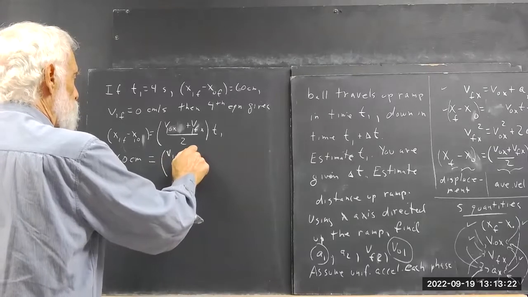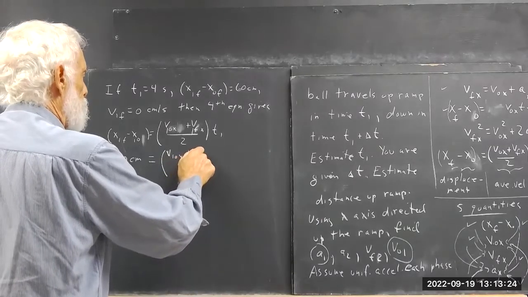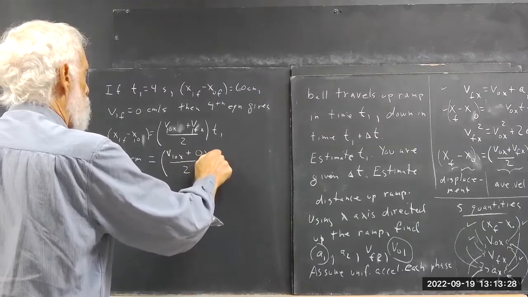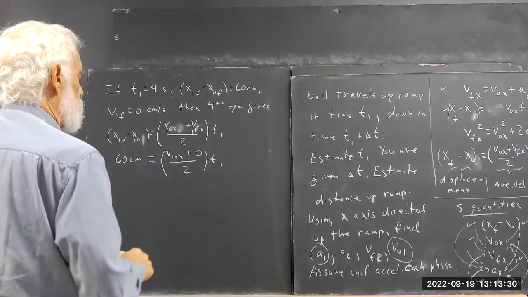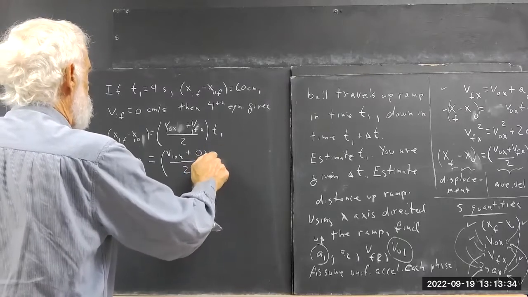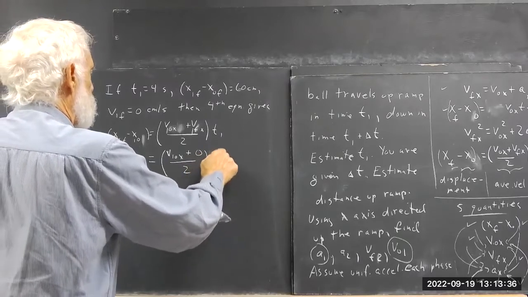V1 0x plus 0 over 2 times T1, which we know to be 4 seconds.